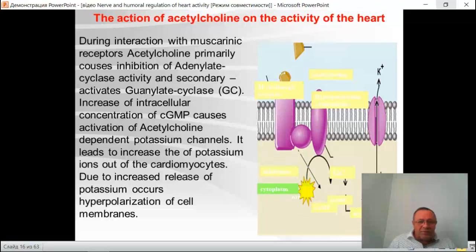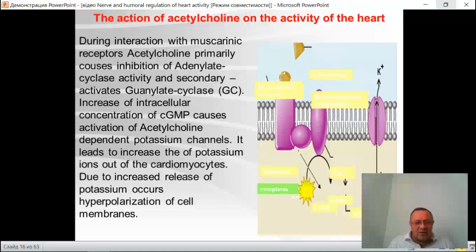During interaction with muscarinic receptors, acetylcholine primarily causes inhibition of adenylate cyclase activity and secondarily activates guanylate cyclase.